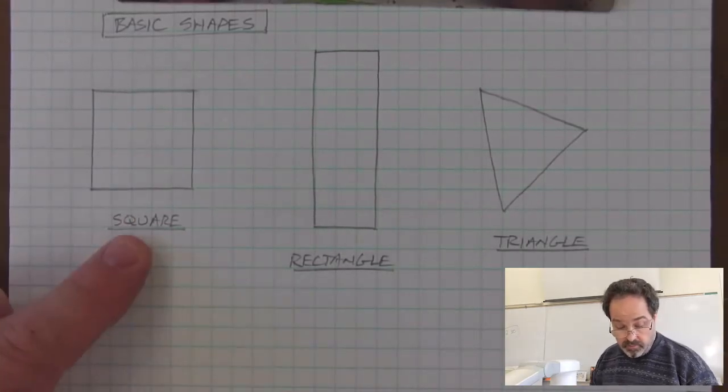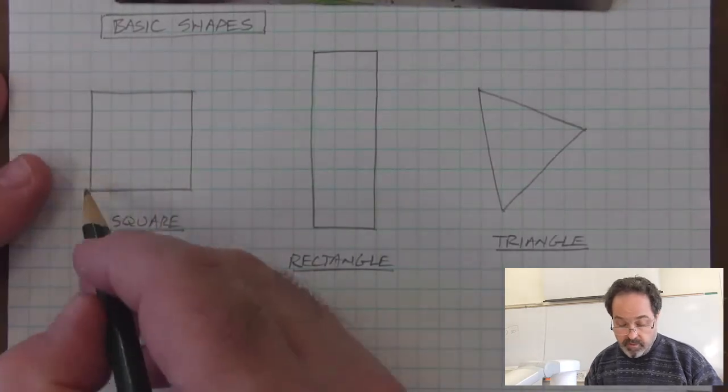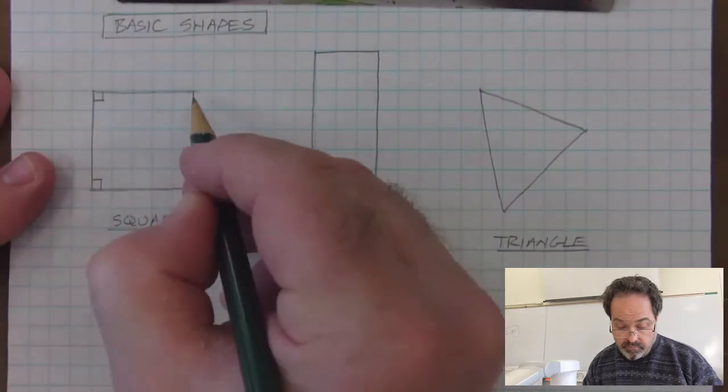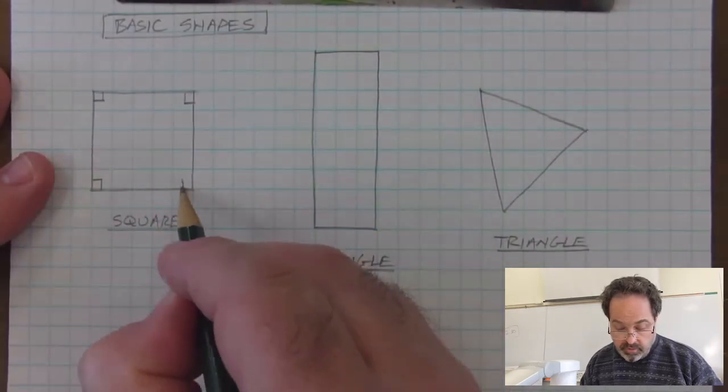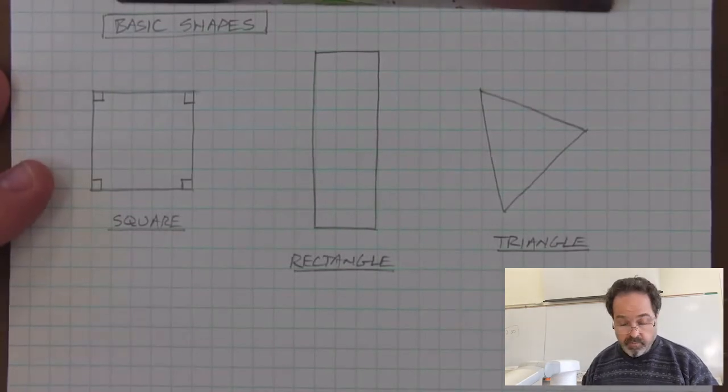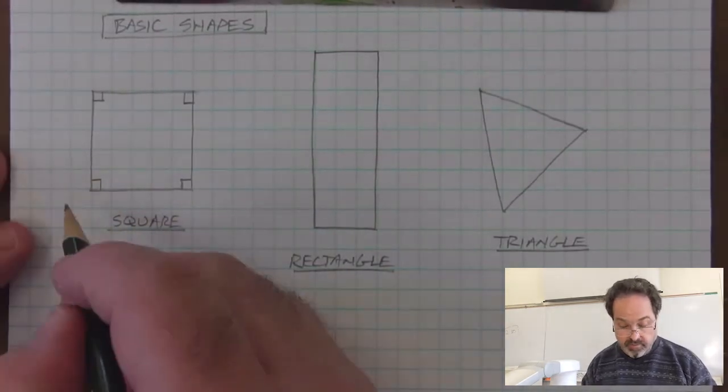A square has these properties. It has 4 angles, and each of those 4 angles are right angles. The measures are exactly 90 degrees.